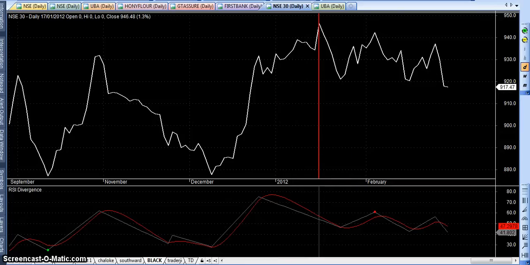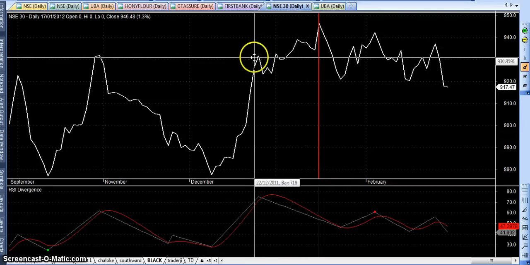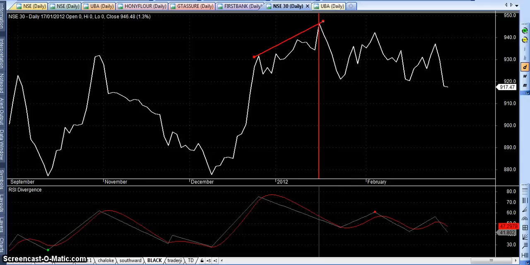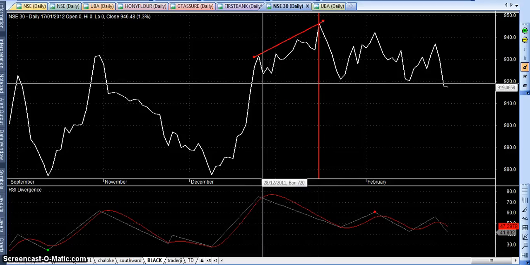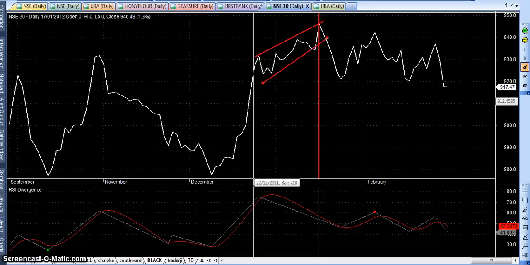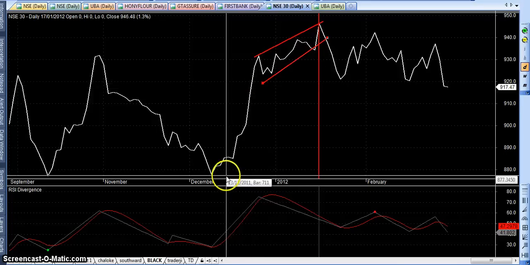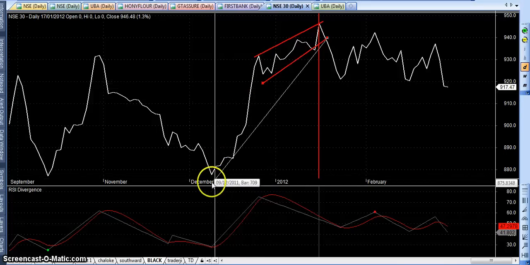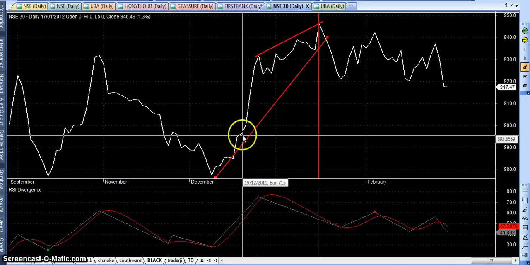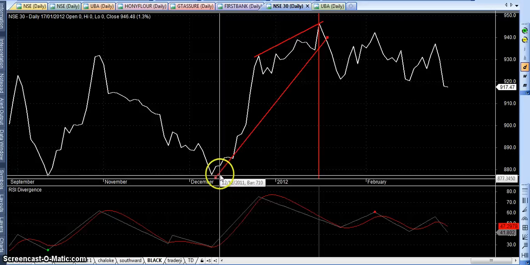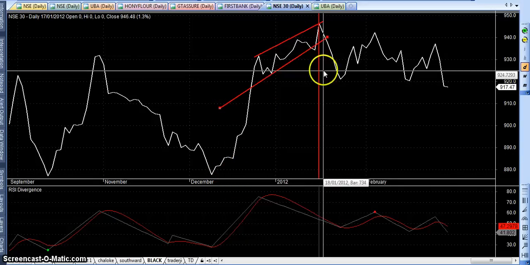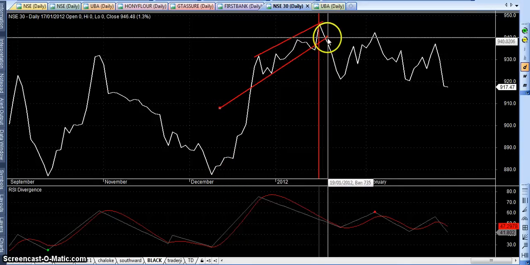Why? Because all this level we were recording what they call higher highs, and we were recording higher lows. Even right to this section here, they were all higher lows, higher lows, higher lows, higher highs, and this was when the market broke this trend line.